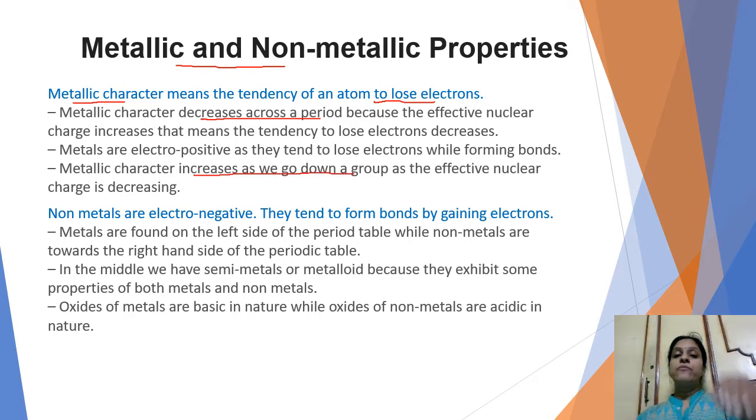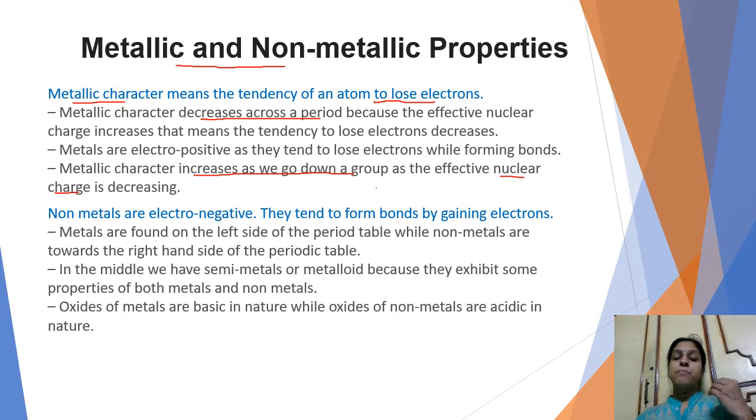Why? Because when we move down in a group, the number of shells increases, as well as the effective nuclear charge is decreasing. Nuclear charge कम होता जाएगा. Why does the nuclear charge go on decreasing? Because more and more new shells are added, due to which the outermost valence electrons are free to lose.